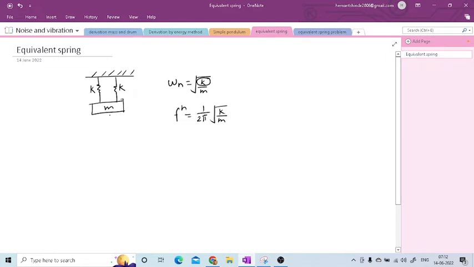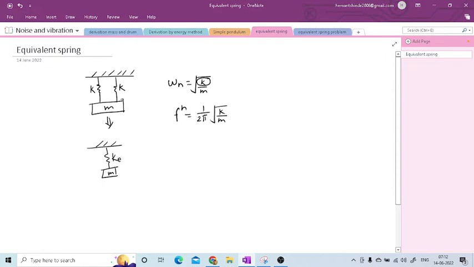So in that case we will have to convert this given system into a one spring system, that is this one. When we convert this system, then we can put the value of this k into this formula.